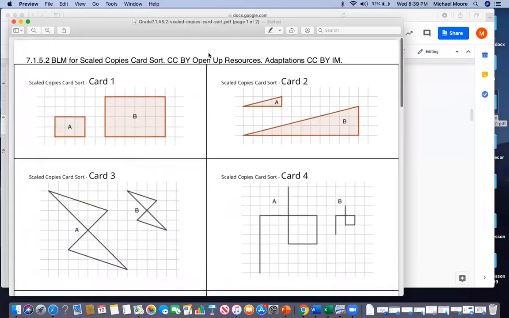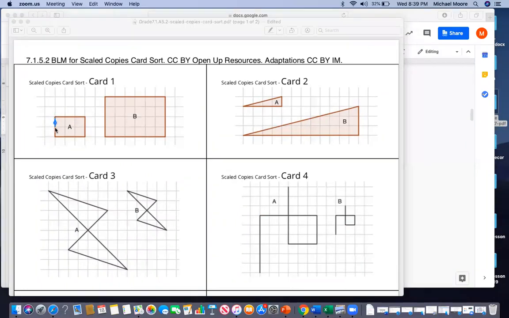So we see here, we had to count the units to get our scale factor. So this side measured 2 units vertically, 3 units horizontally, and we count the same corresponding sides on figure B, the copy, and we had 4, and we have 1, 2, 3, 4, 5, 6.